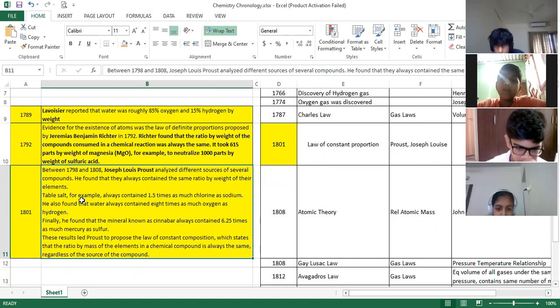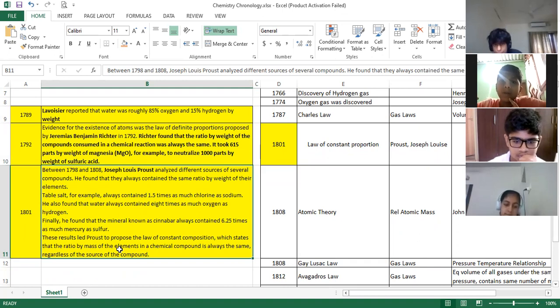Between 1798 and 1808, Joseph Louis Proust analyzed different sources of several compounds. He found that they always contain the same ratio by weight of their elements. Table salt, for example, always contained 1.5 times as much chlorine as sodium. He also found that water always contained 8 times as much oxygen as hydrogen.